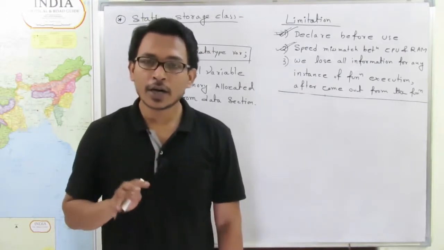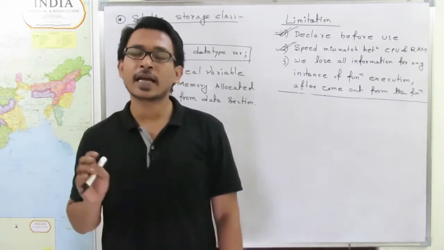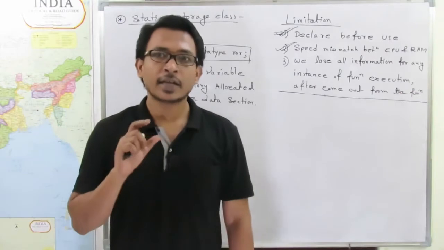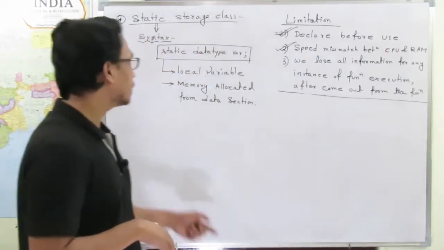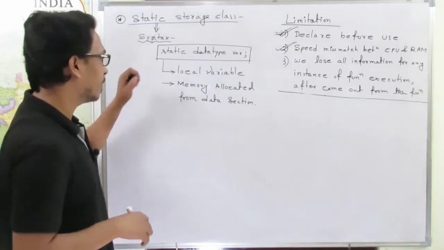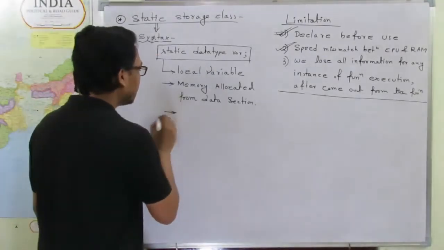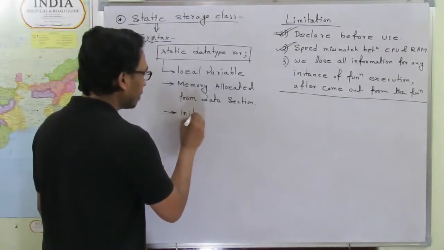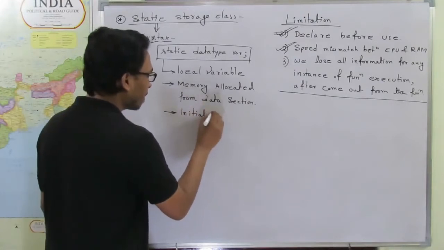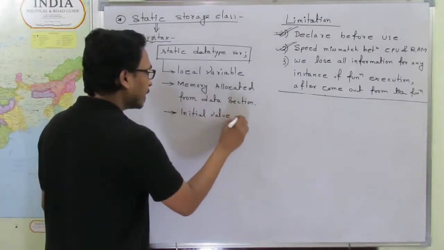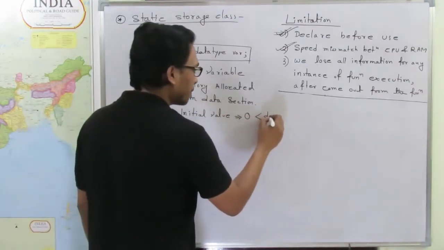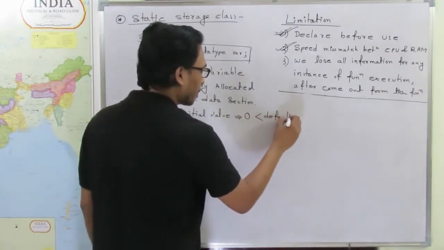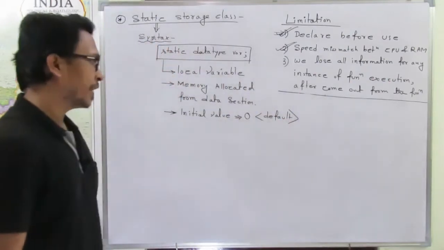And we already know whenever memory is allocated from the data section, the initial value will be 0. That means in case of a static local variable also, the initial value will be 0. This is the default value in case of a static variable.